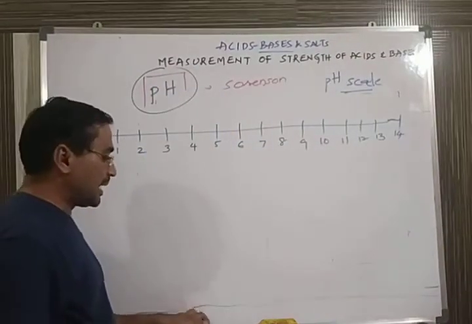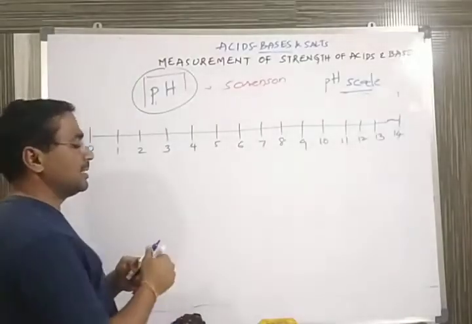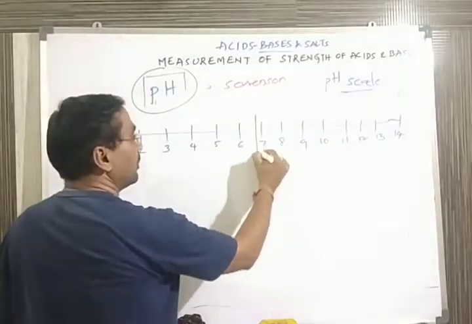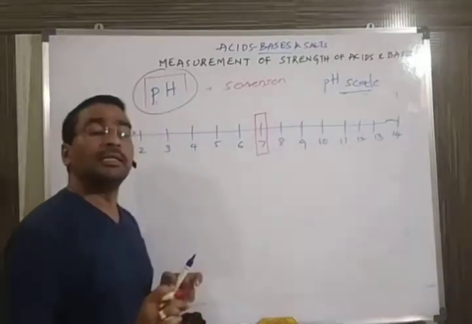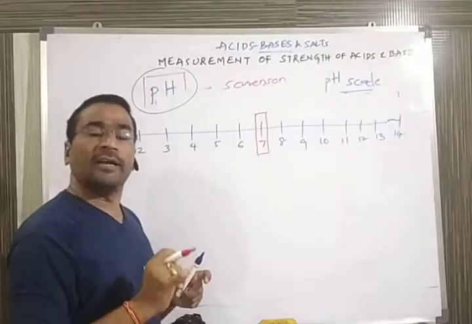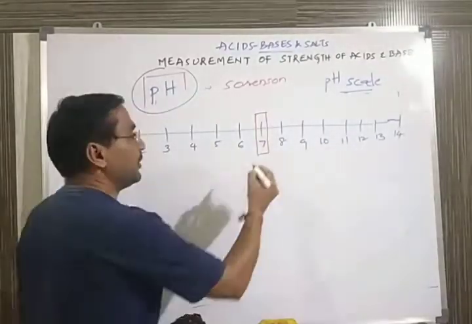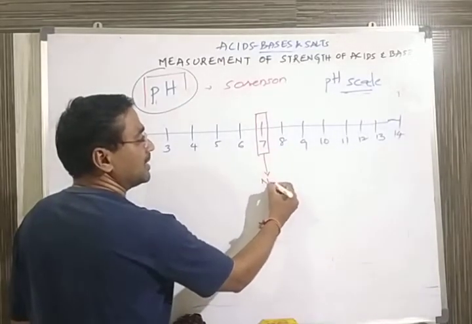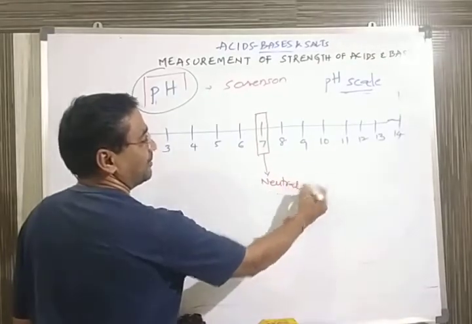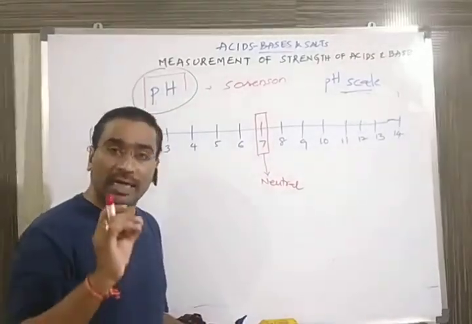The scale shows that any substance having a pH equal to 7, these numbers 1, 2, 3, 4 are all pH values. For any solution, if you get a pH value equal to 7, that substance is neutral in nature.